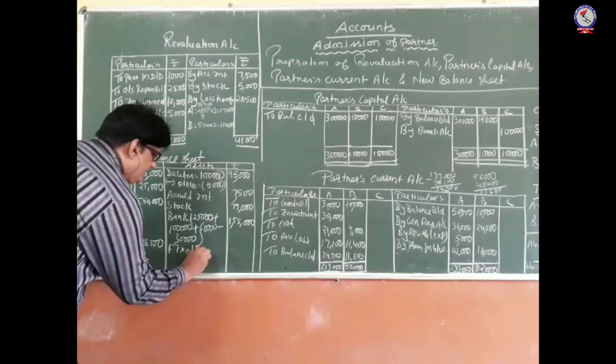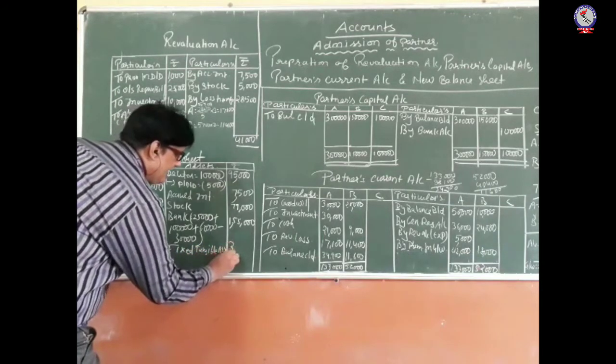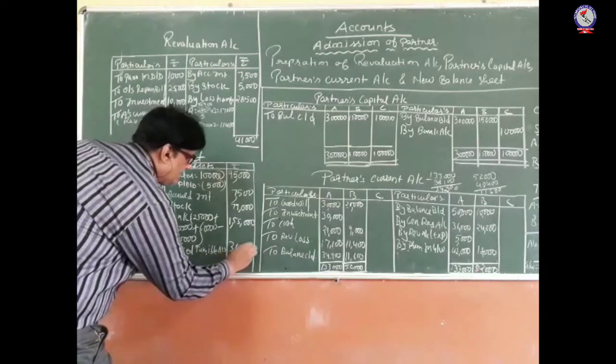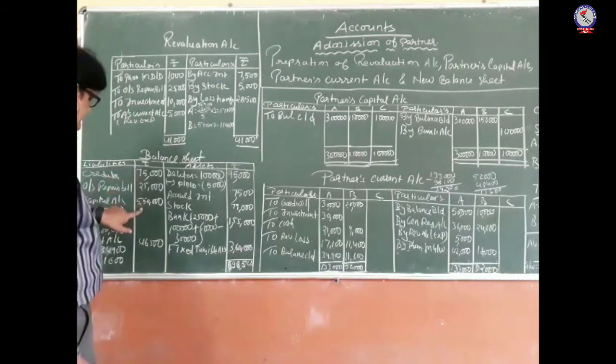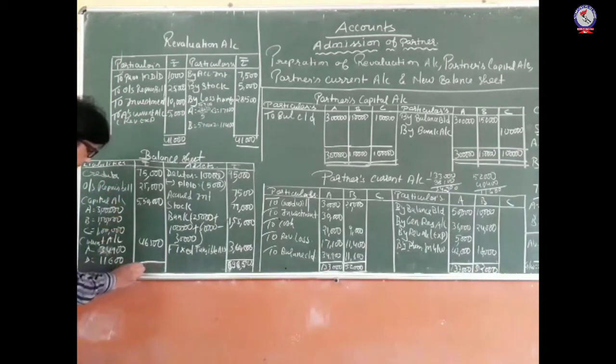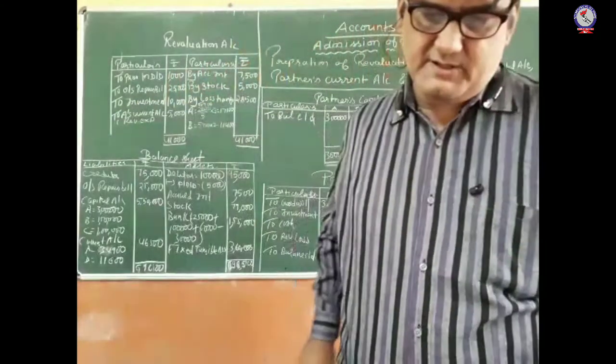Fixed tangible asset 3,60,000. So now you will close this balance sheet also. 25,650 and 6,96,500.